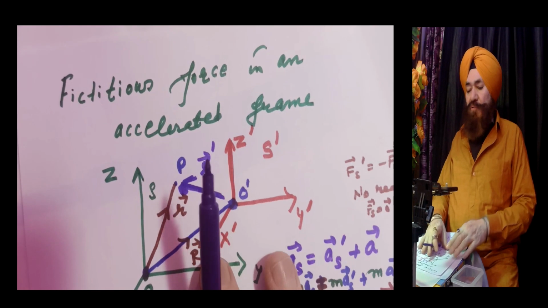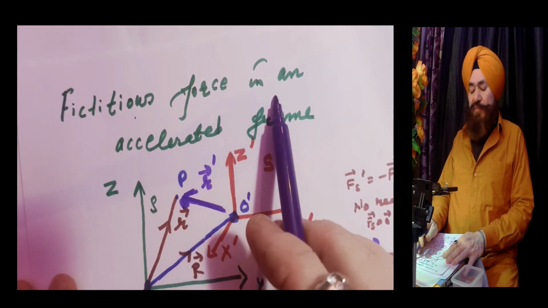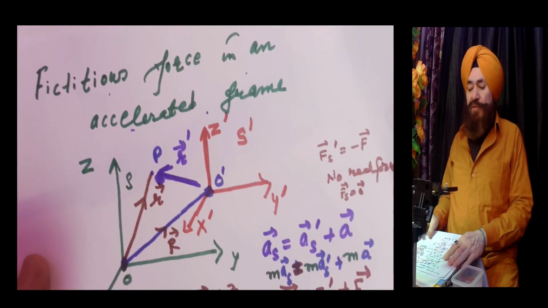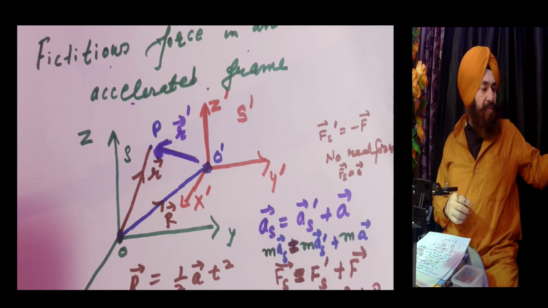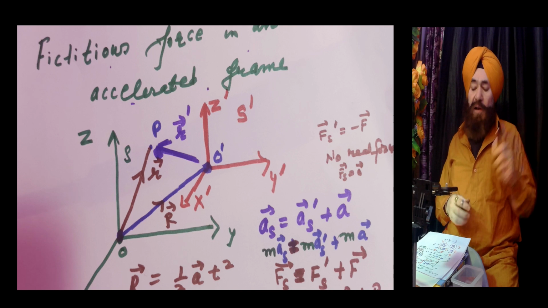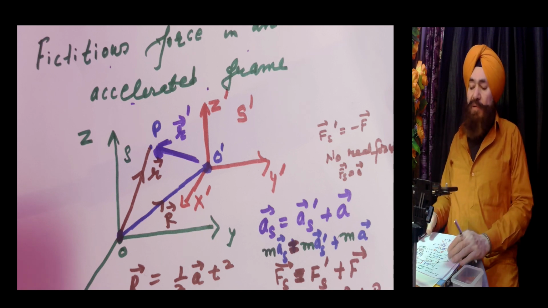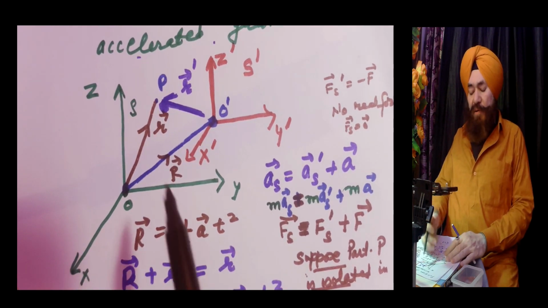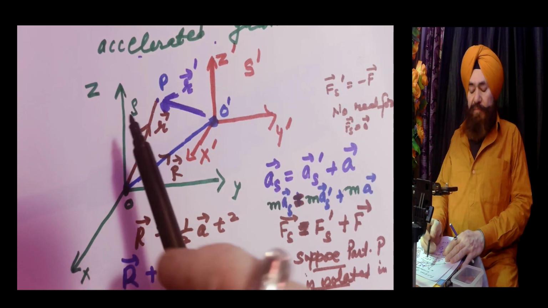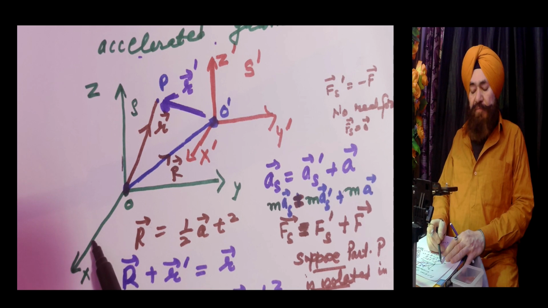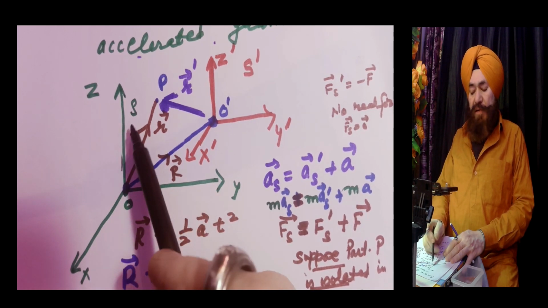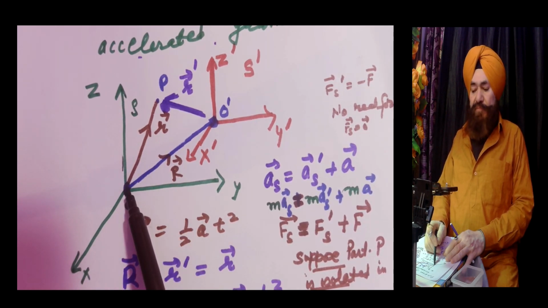Now I am coming to what is a fictitious force in an accelerated frame. Very, very important. Try to understand very carefully. If you have any problem, don't hesitate. This is one frame, green. It is the frame which is at rest, not moving. This is the origin.